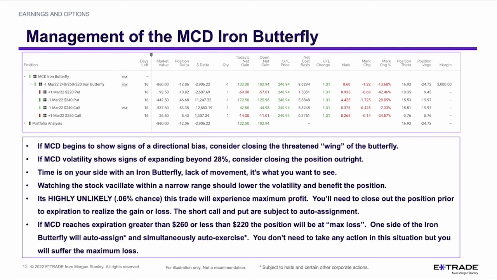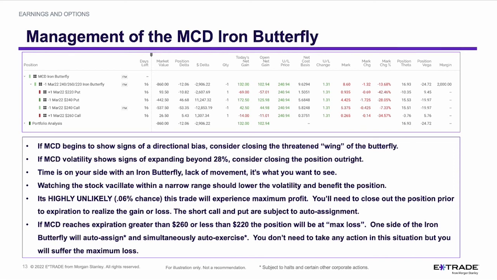Now, the situation in which you would not need to close the trade out is kind of the most unfortunate situation. And that is if McDonald's reaches expiration and it is greater than 260, that would mean that it is higher than the long call, or lower than 220, which means it is lower than the long put, then you will be at a maximum loss position. It cannot be both higher than 260 and lower than 220 at the same time.